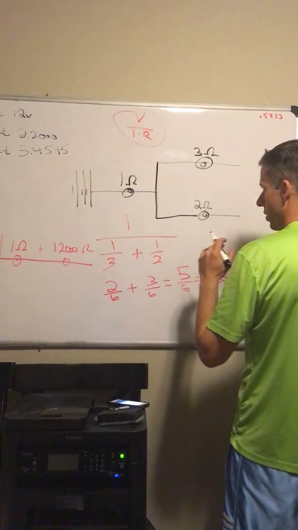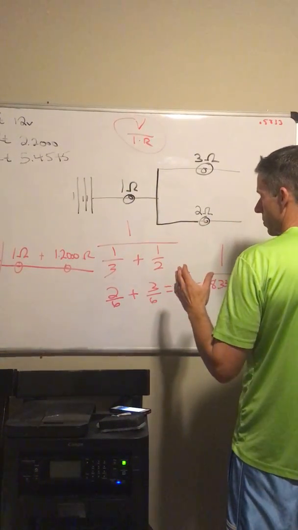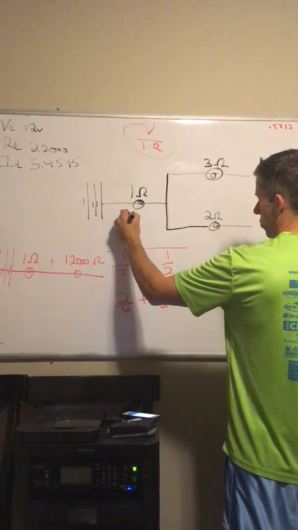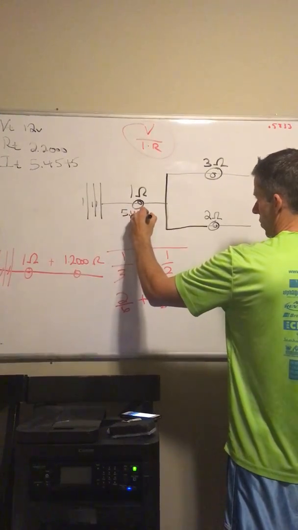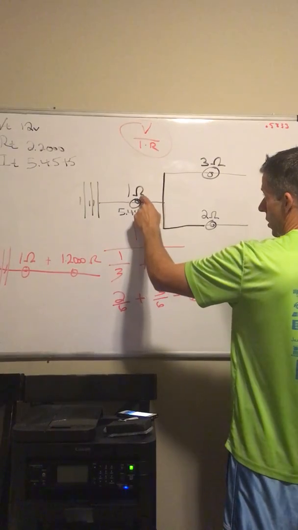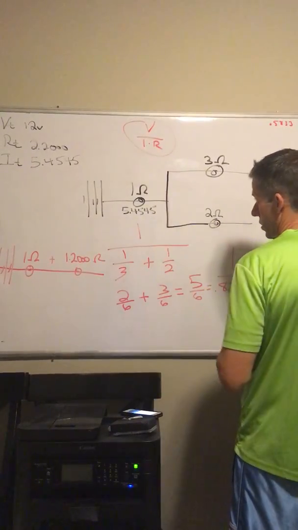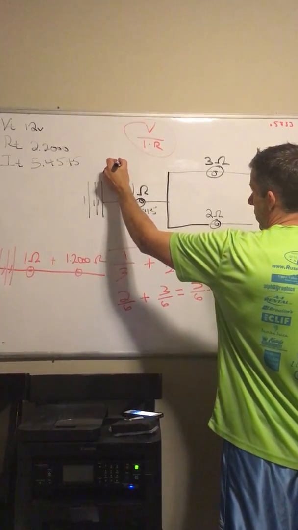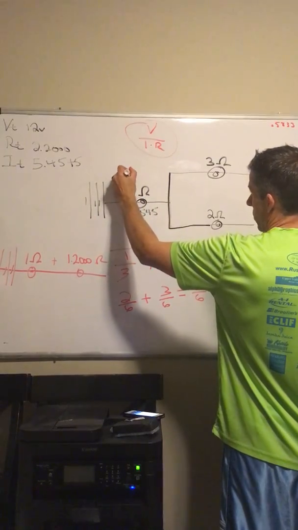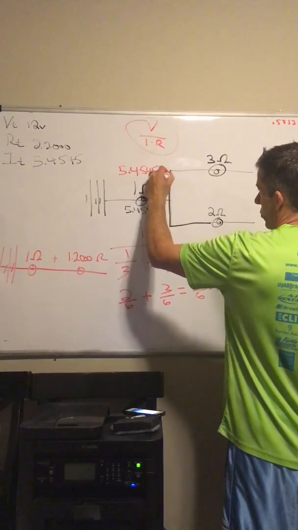And so my very first step in figuring out the next portion of this problem is taking my current, the 5.4545, times my 1 ohm resistance. So intensity times resistance is going to equate to my 5.4545 volts dropped, right?